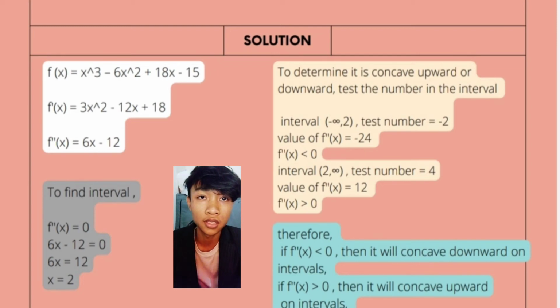The second test is the interval 2 to positive infinity, and the test number is 4. We substitute the 4 into the second derivative, and we get 12, which is more than 0. Therefore, if the second derivative is less than 0, then it is concave downward on the interval. Meanwhile, if the second derivative is more than 0, it is concave upward on the interval.